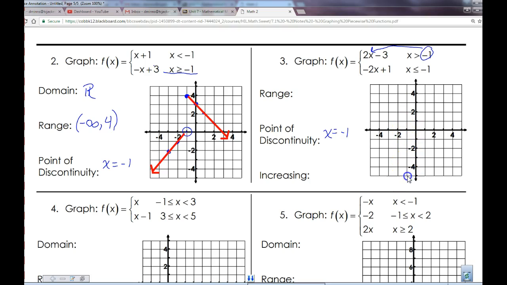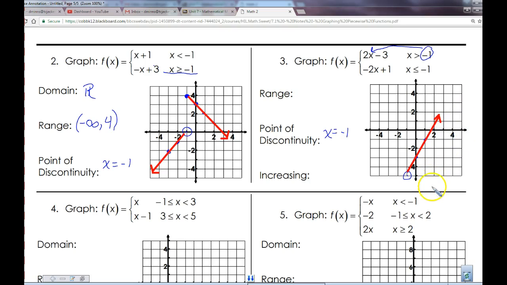Is it an open circle or closed? Well, it's just greater than, so that's an open circle. That's my starting point, and I say, okay, I know I'm bigger than -1, so I'm out in this direction. What's my slope? My slope is 2. So, up 2 over 1, there's a point. Up 2 over 1, there's a point. Sure, let's go ahead and draw that. Make sure I don't mess that up. Good, so we're off in this direction.